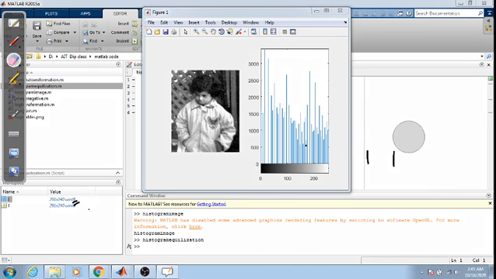If you look at this image, what we have done is we have stretched the histogram. If the histogram is stretched, what has happened to the image? The brightness of the image has increased, isn't it?